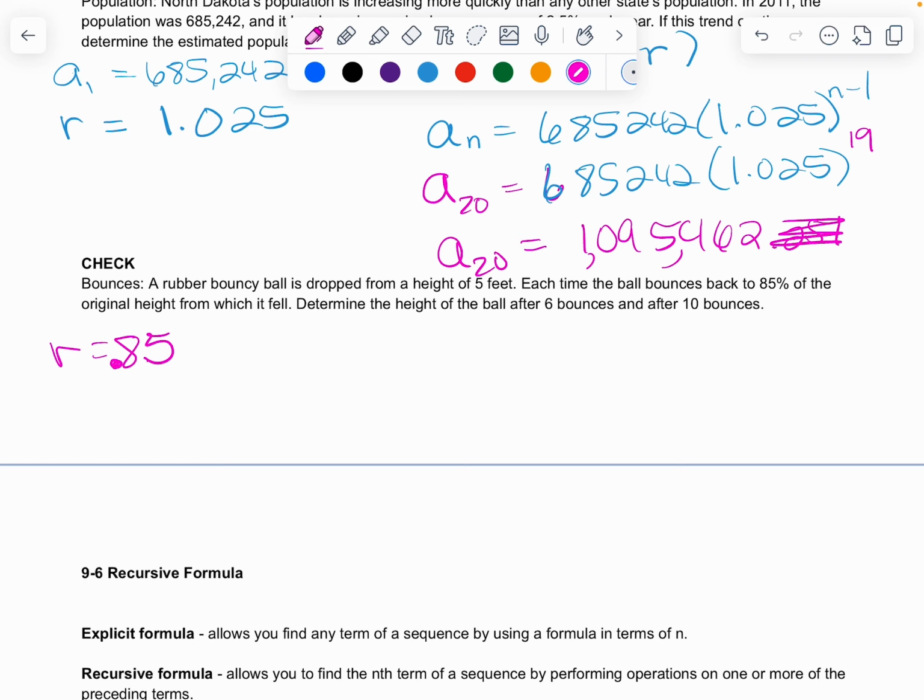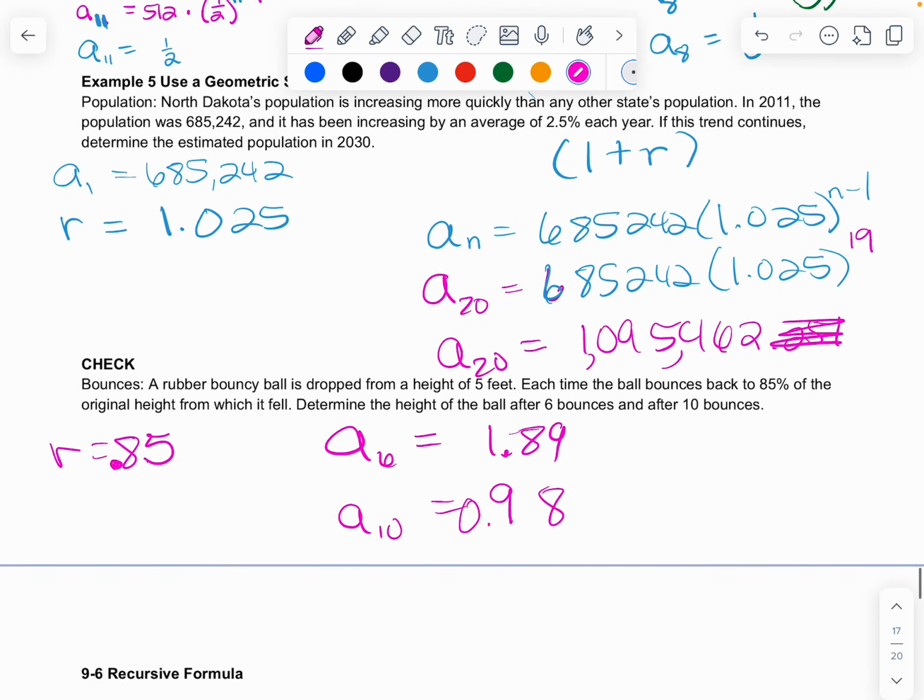Yeah. So a sub 6 is going to be 1.89. A sub 10 is going to be, let me put in 10. 0.898 feet. Okay. Sorry about that.